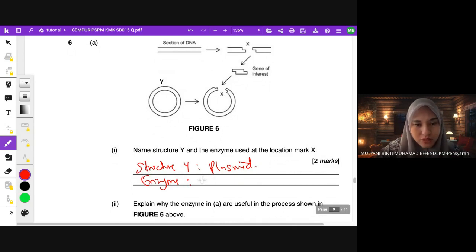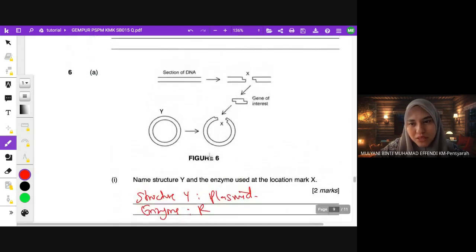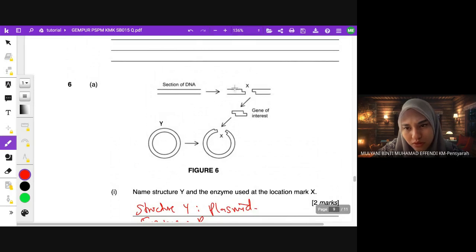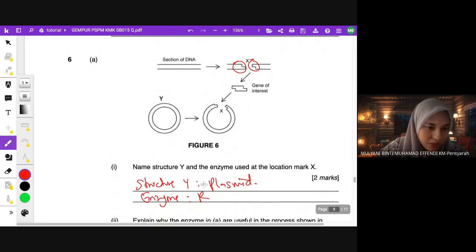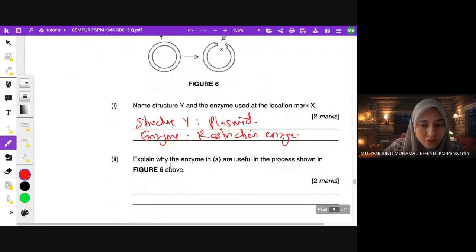Enzim yang digunakan adalah location X. So mungkin awak akan jawab ikut R1 kan, tapi tak payah spesifik lah sebab dia tak tunjuk pun apa sequence-nya. So in terms ni awak memang nampak dia akan bentuk sticky ends kan, tapi dalam skema ni you can just generalkan sahaja. Okay, restriction enzyme. Okay, so no need to specific ikut R1 ke, okay. Walaupun dalam gambar tu nampak lah dia punya sticky endnya tu.